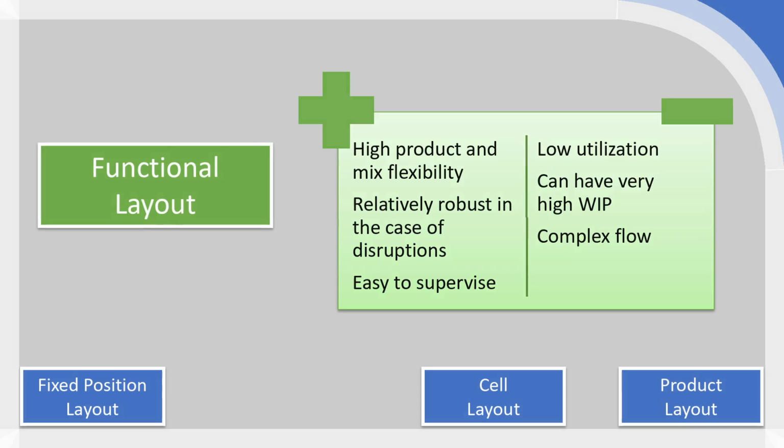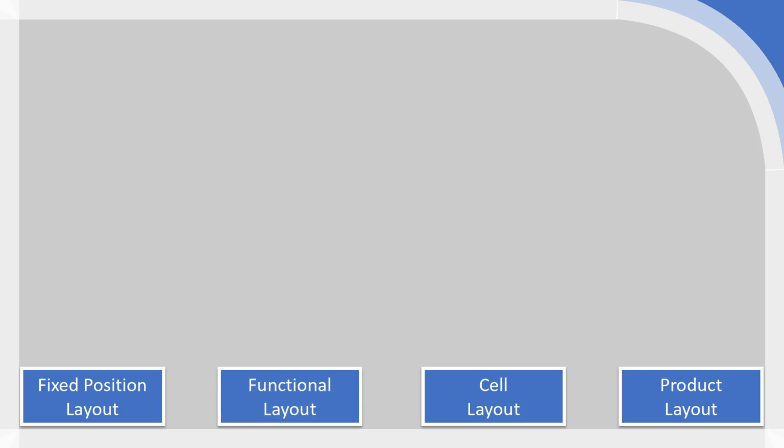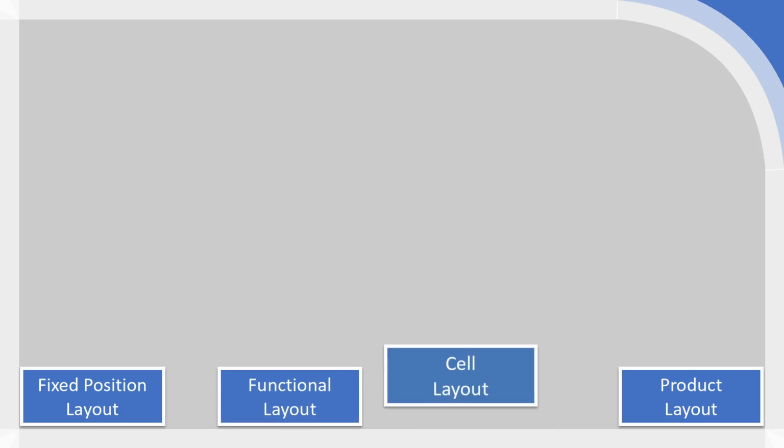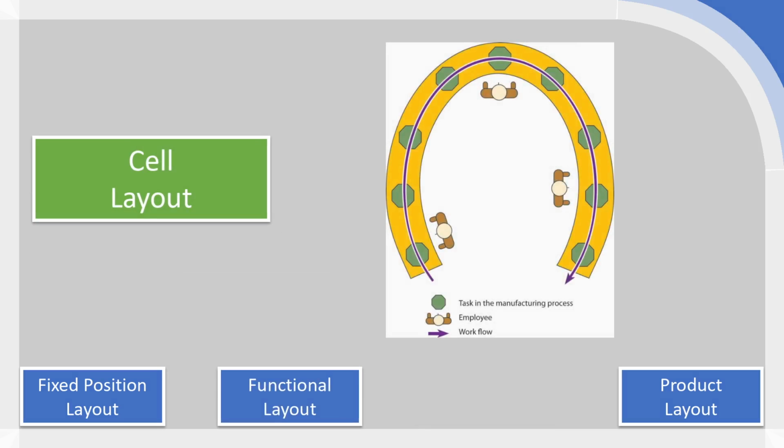So we move on to cell layouts, which are our third type of layout design. And now we're moving into higher volume and consequently lower and lower variety. So cell layouts have as one of the guiding principles, we are still grouping types of activities, but now we are doing it in sequence.